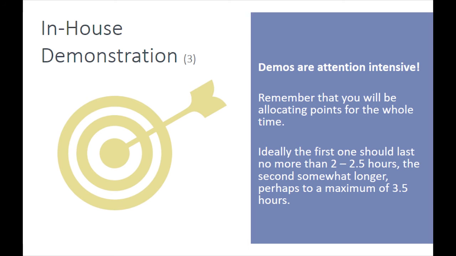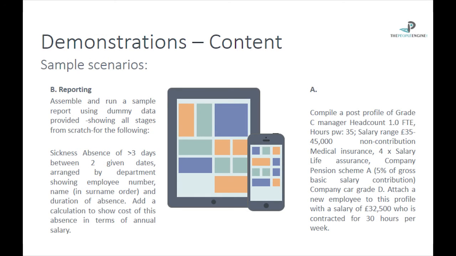Now, we talked about scenarios. Here are a couple of sample scenarios which one would draw up from your processes and rules. So as you can see, there's one: put together a report, using some dummy data that we provided or they provided, and show on that report sickness absence of such duration in such an order.